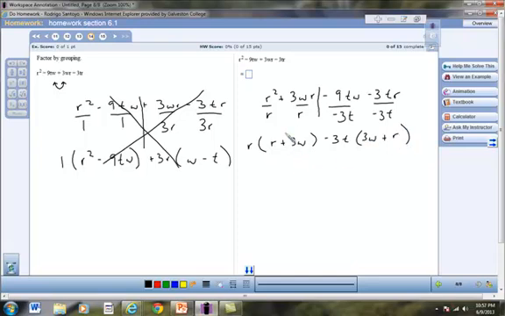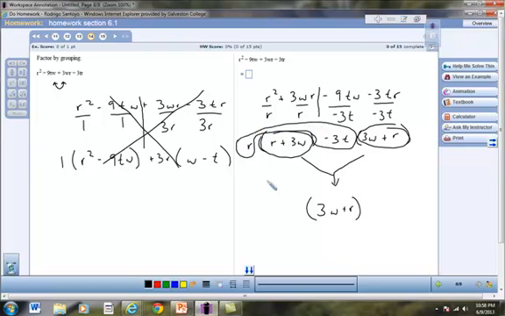Now I see that these both are the same. They're just rewritten, but nonetheless, they're the same. So I can write that in one parentheses, and whatever I'm left with will go in my other parentheses, r minus 3t.